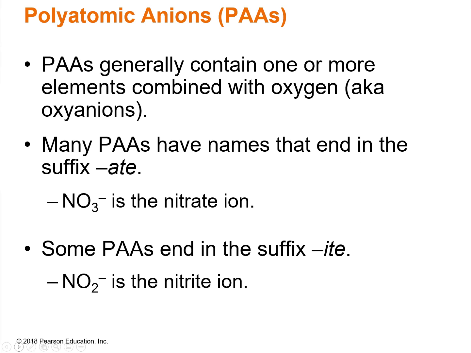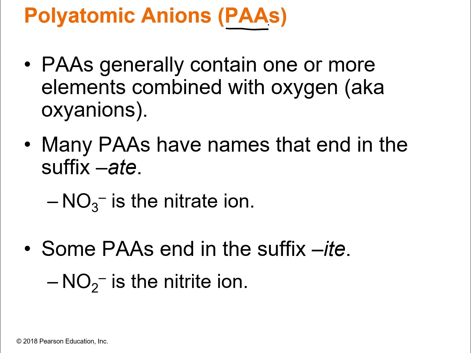Now we're getting to those polyatomic anions that I mentioned earlier on, that you'd have no clue what that was until we got to this part, unless you watched the lecture already. Polyatomic anions, which I abbreviate PAA, it's typically one or more elements combined with oxygen. There are some exceptions.